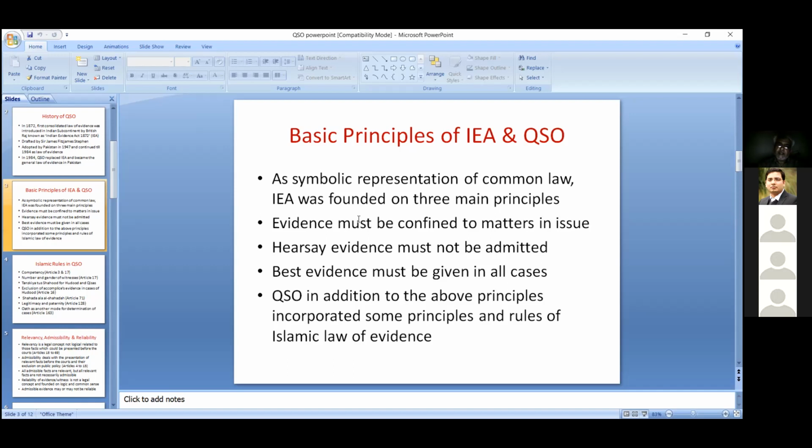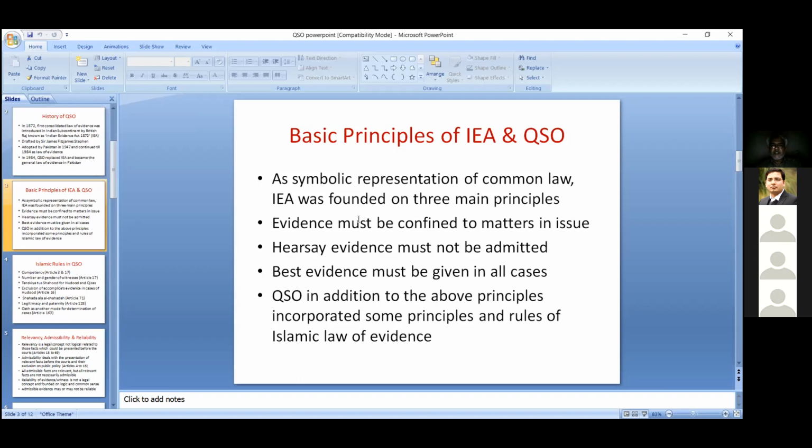The second principle is that hearsay evidence must not be admitted. Hearsay evidence was excluded in common law, and it is not treated with any favor in Islamic law as well. So this principle is also incorporated in a number of provisions, and there are many exceptions to this principle. I will later on point to those exceptions.